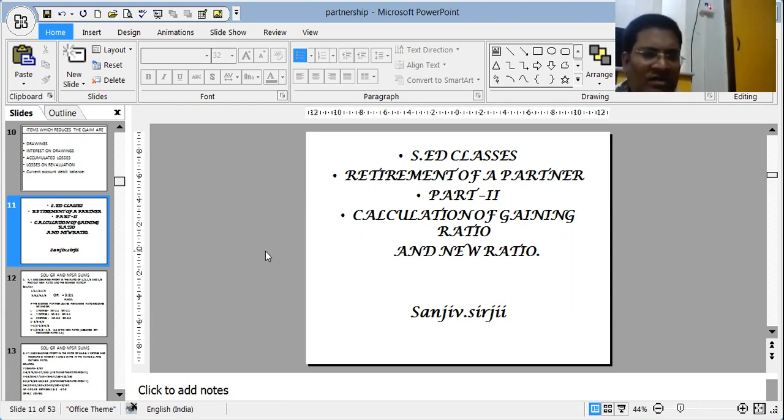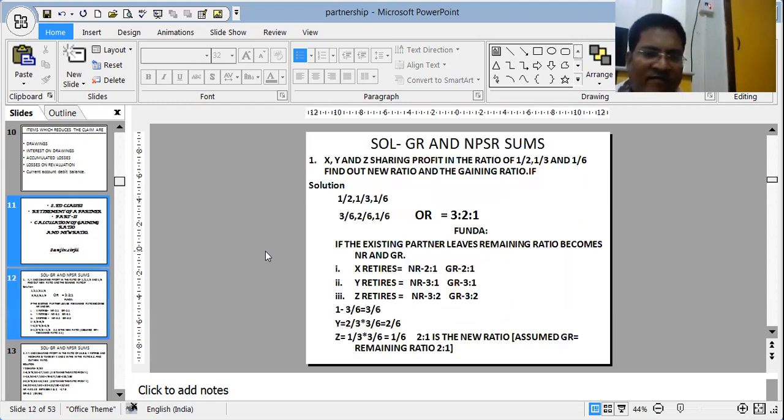Let's understand all these things, gaining and new ratio, with sums. The first sum is there in front of you, students. X, Y, and Z sharing profits in the ratio 1/2, 1/3, and 1/6. Find out the new ratio and the gaining ratio if X retires, Y retires, and Z retires.